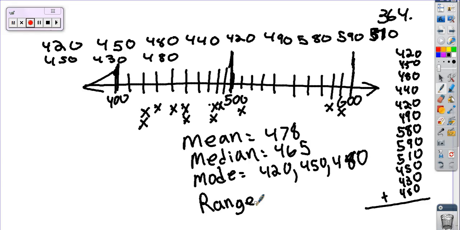The biggest number is 590. The smallest number is 420. Subtract the 2. The range is the difference between the biggest and the smallest. What is that? It would be 170. Right? Yep. Okay.